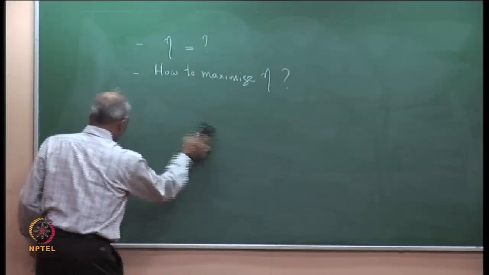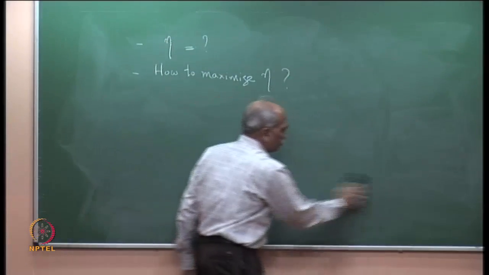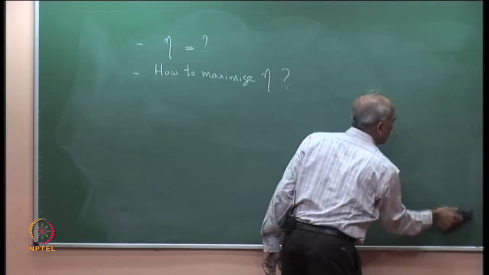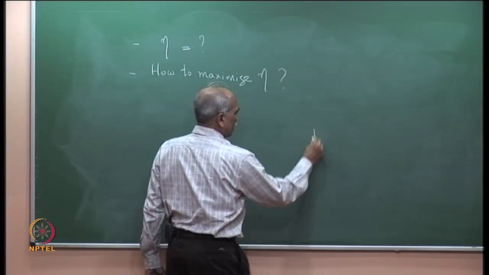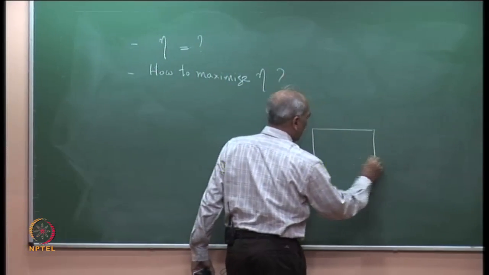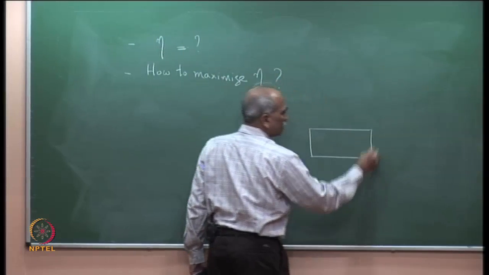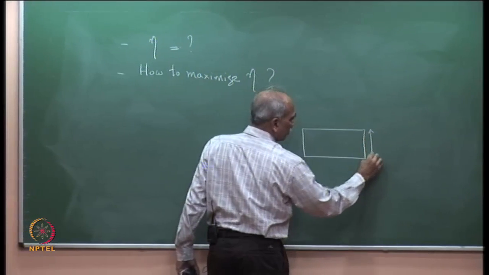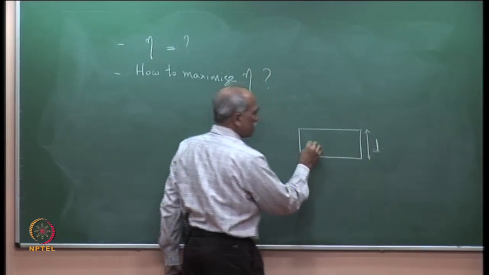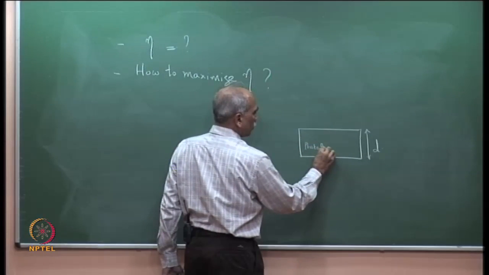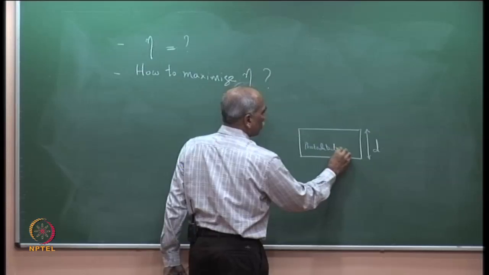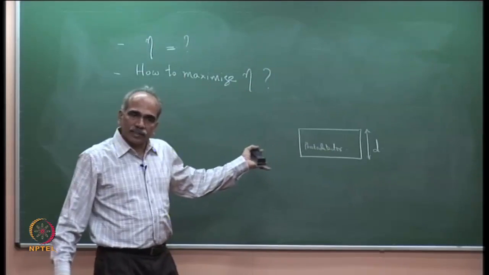What is eta and how to maximize eta? Consider a photodetector surface. Here is a photodetector, of thickness d, which is basically a semiconductor material.